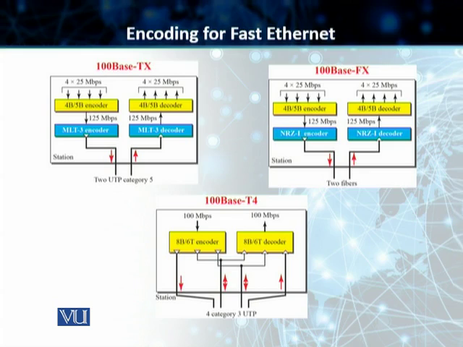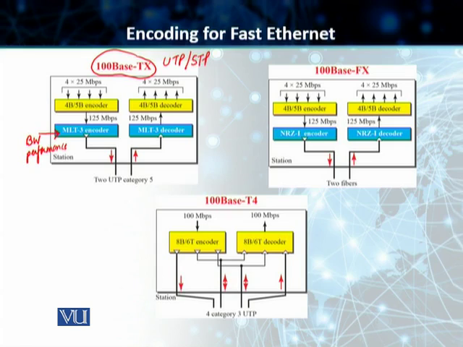Students, the first implementation of fast Ethernet, which is 100 base TX, used two pairs of twisted pair cable. Students, it can be UTP or it can be STP. And so this TX out here represents the twisted pair. For this implementation, we used the MLT3 encoding scheme. And the reason for that was its bandwidth performance.